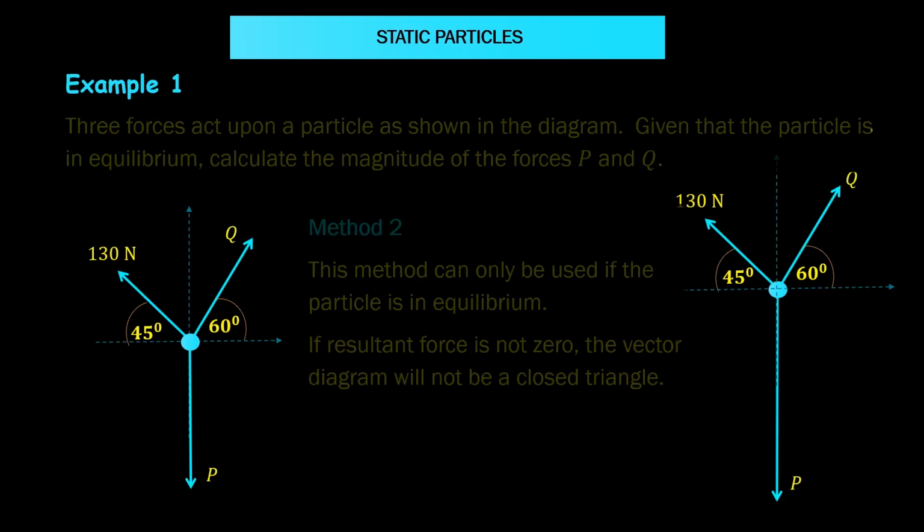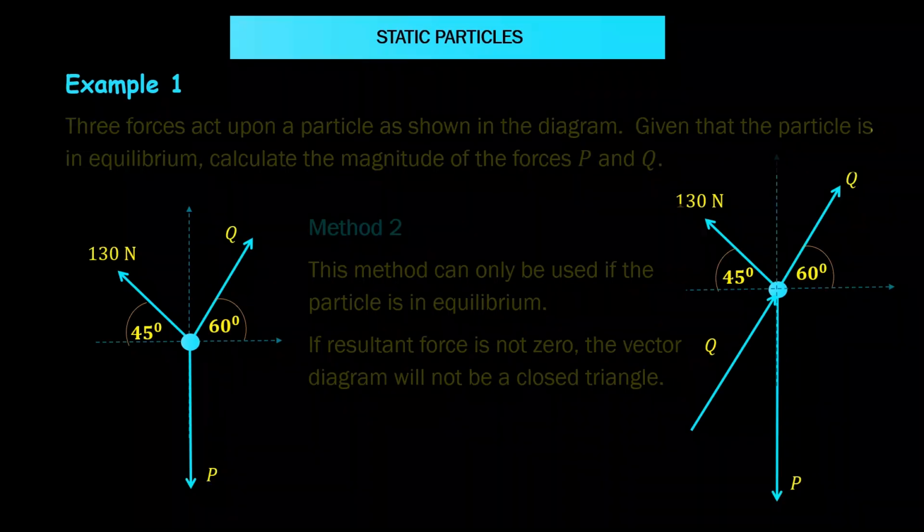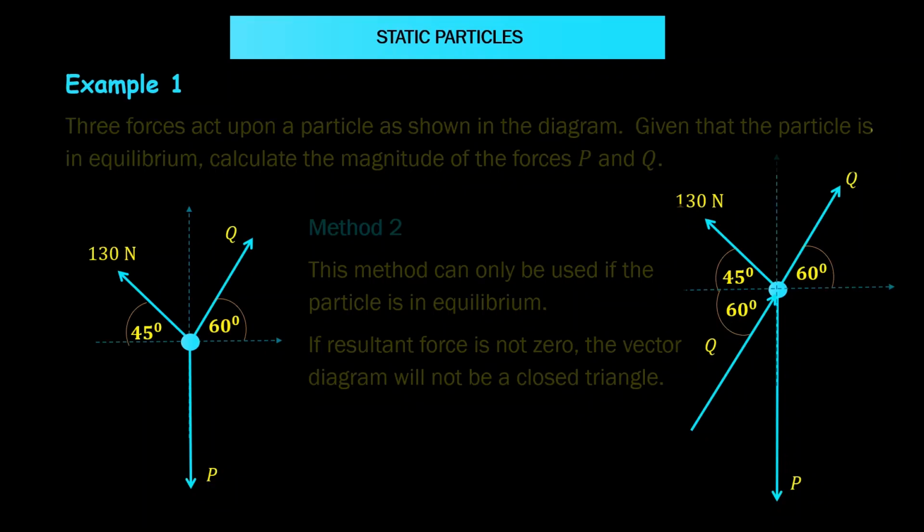Let's now convert this diagram of forces into a closed triangle. So here's our force Q, or Q newtons. And this angle here is also 60 degrees. And this angle therefore is 30 degrees.